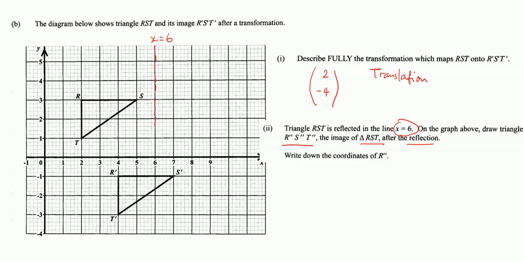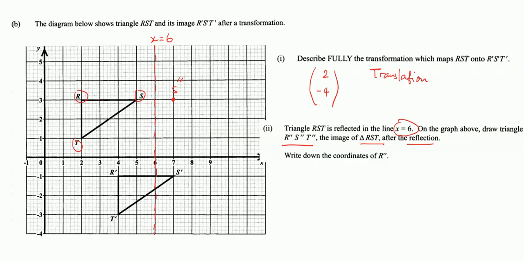Whenever we have to draw a line x equals something, it's a vertical line. Sometimes students get confused as to which line it is, if it's horizontal or vertical. It's a vertical line. So let's start with S. If we reflect S in the line x equal to 6, this becomes S double prime. It must be an equal distance behind the mirror line.